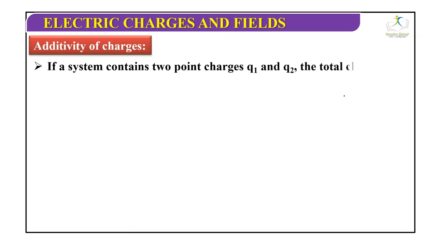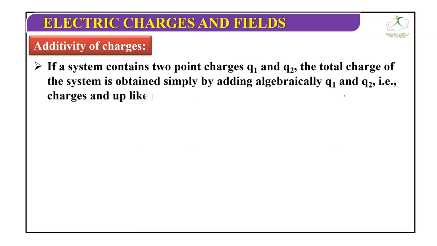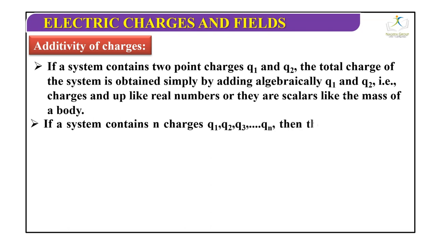Additivity of charges. What is the meaning of additivity of charges? If the system contains two point charges, let's say Q1 and Q2, the total charge of the system is obtained simply by adding algebraically, Q1 plus Q2. Charges are like real numbers or scalars, like the mass of a body, so they add algebraically.